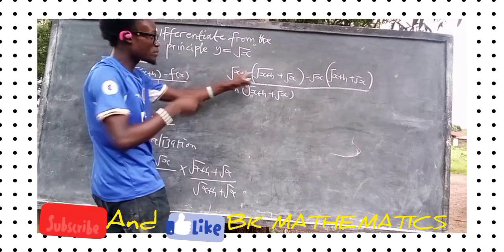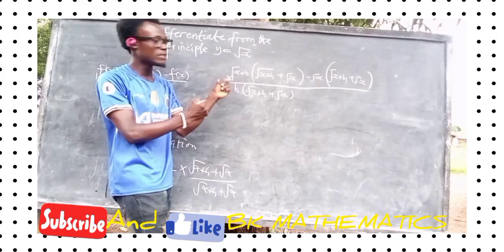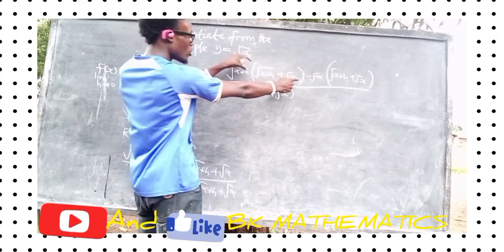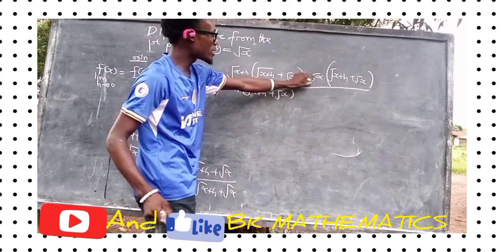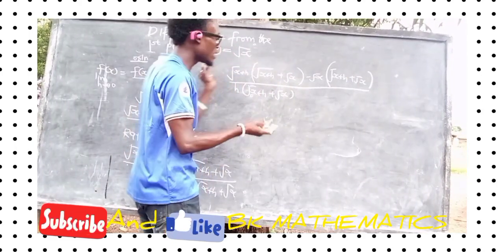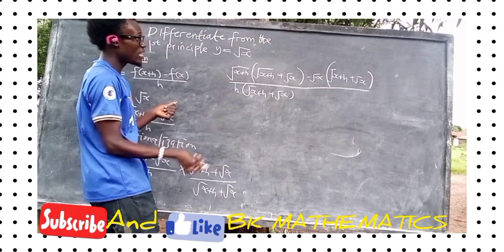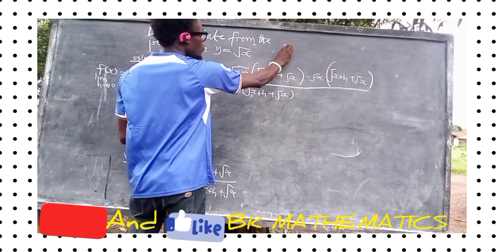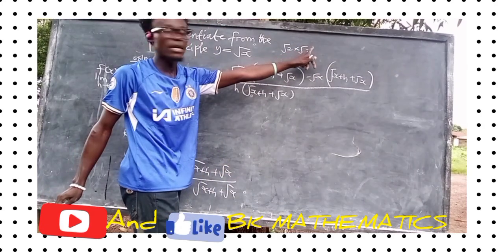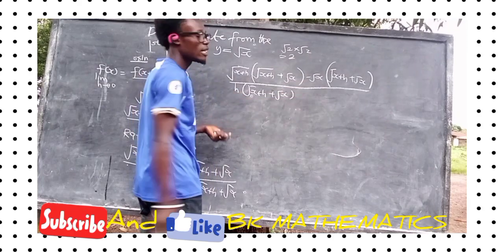After which we expand. We don't want to see the two brackets anymore, so we take what is outside the bracket to multiply what is inside. Just like root 2 times root 2, they have the same root, so you just take what is inside and your answer becomes 2.